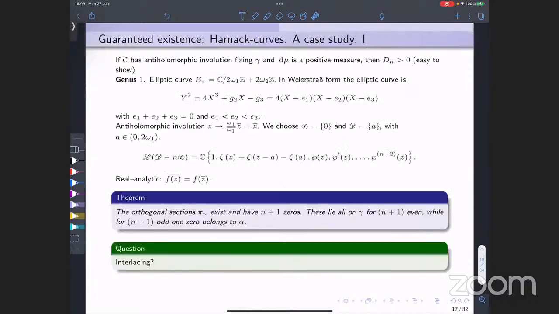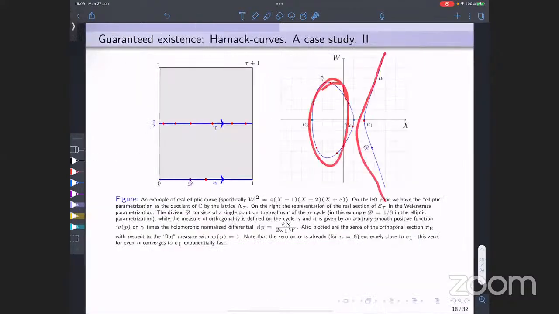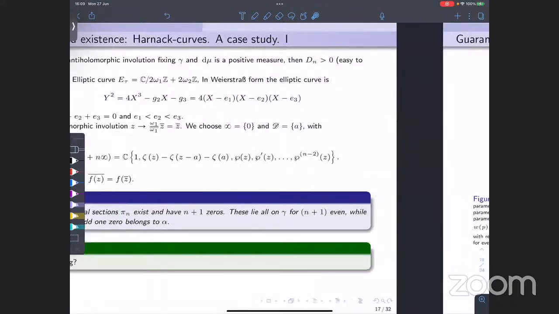Okay, so let me give you a concrete example. Genus one, Harnack curve, a real curve with real ovals. It looks something like this, right? Let me just draw the picture here.